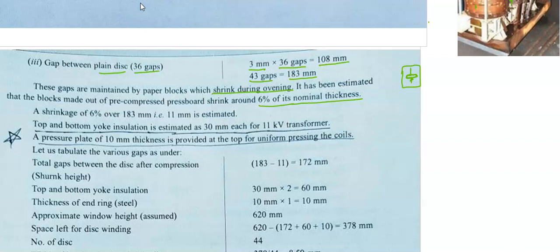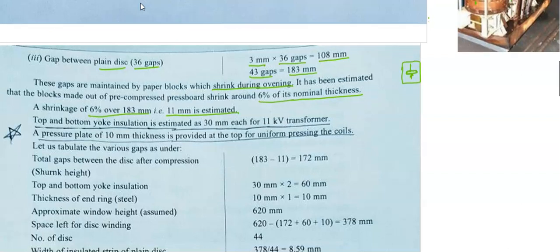So from 183 mm, if we calculate 6%, I'll get 11 mm estimated. A shrinkage of 6% over 183 mm. The size which we calculated, 183 mm, will shrink if we keep it in the oven. Generally 6% of the thickness will shrink.